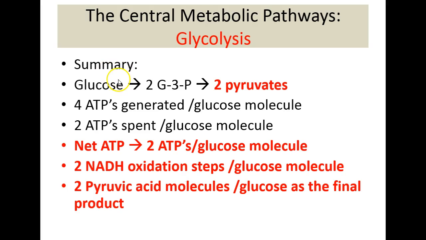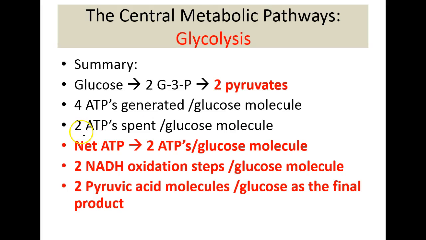In summary, glycolysis will take a molecule of glucose and split it into 2 G3P molecules, which will later be changed into 2 pyruvate molecules. So one 6-carbon compound will be turned into 2 3-carbon compounds. In the process, 4 ATPs will be generated per glucose molecule.